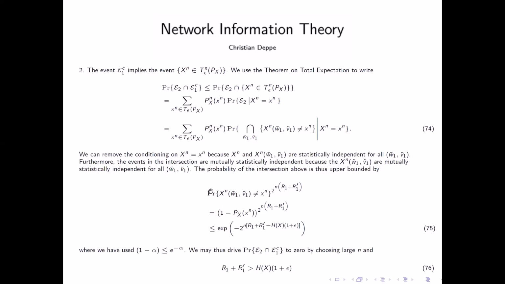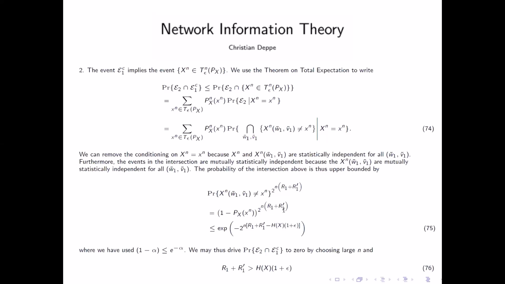So we have this probability to the power 2 to the n times R1 plus R1 prime here. And we want to have it small. This we can write as 1 minus the probability of xn, to the power 2 to the n times R1 plus R1 prime.